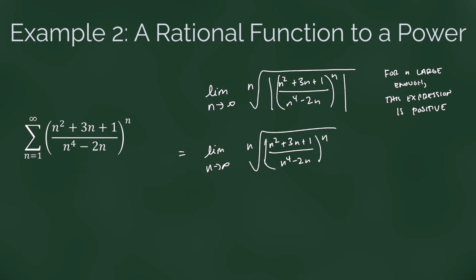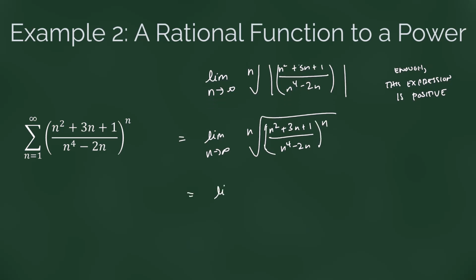And of course, the nth root and the nth power cancel each other out, which is why the root test is so helpful to us here. So we get the limit as n goes to infinity of n squared plus 3n plus 1 over n to the fourth minus 2n. We know that that limit is 0, which is less than 1. So by the root test, this converges.